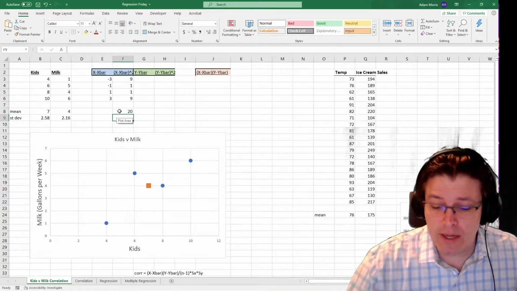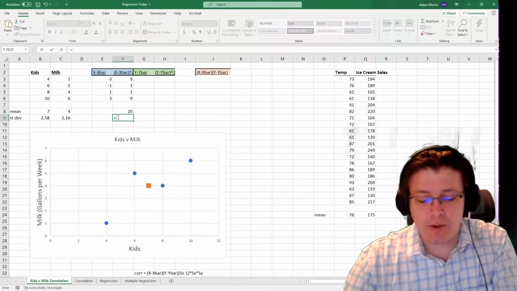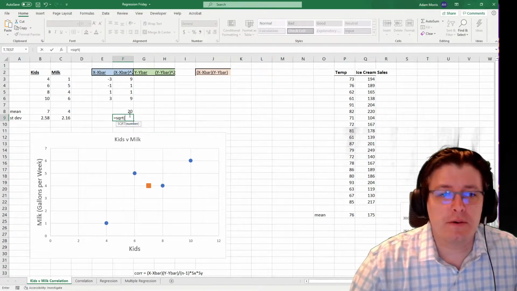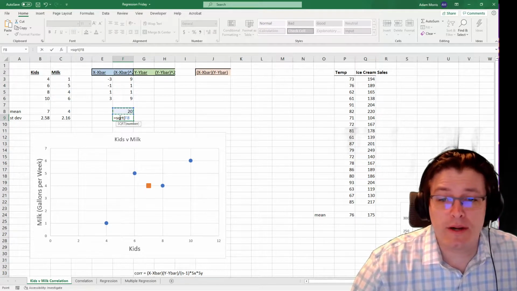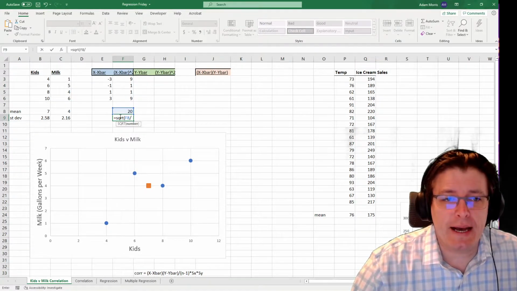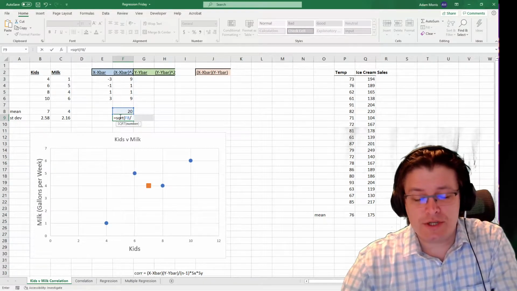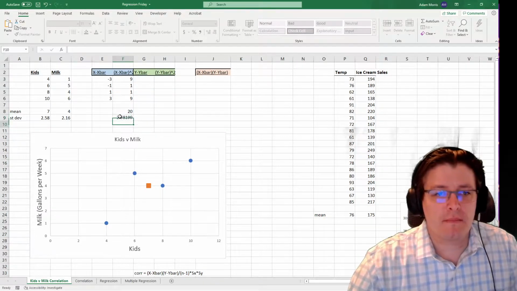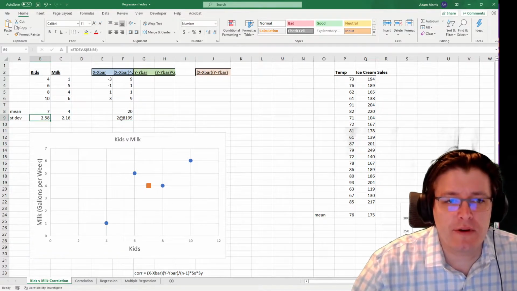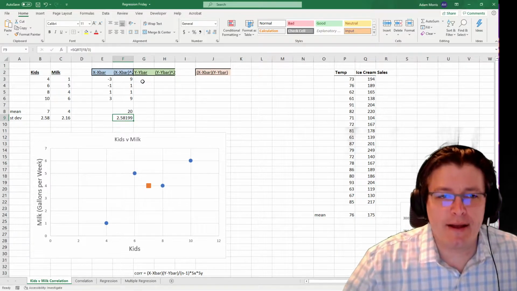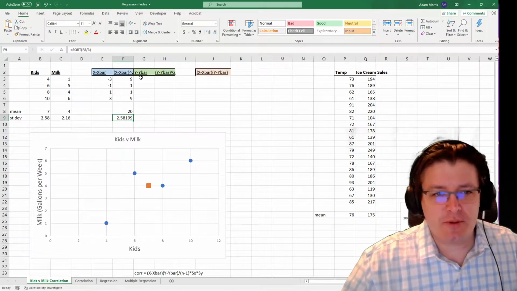Okay, so that's the 20, and then we're going to take the square root of those sums of squared deviations, sorry, and then divide by n-1, which in our case is 3. Okay, and we get the 2.58, just like we did over here. So that's bringing back up stuff from whenever that was, chapter 3 or chapter 4.